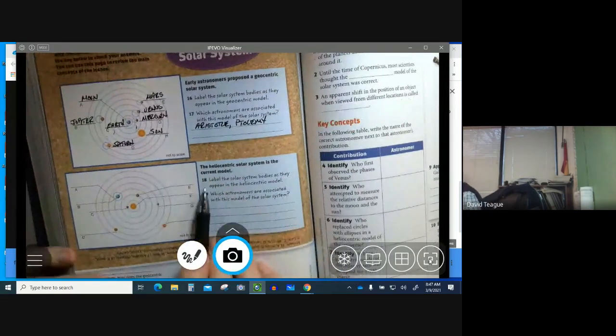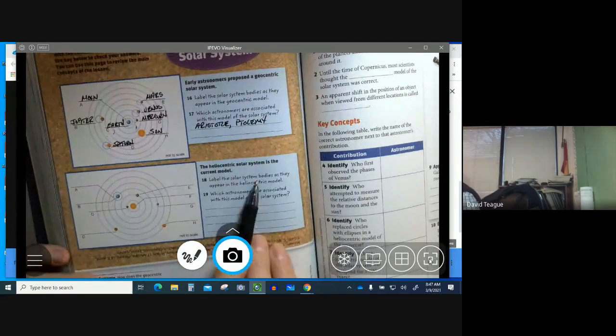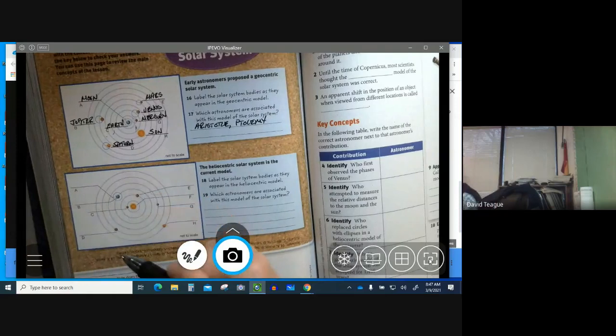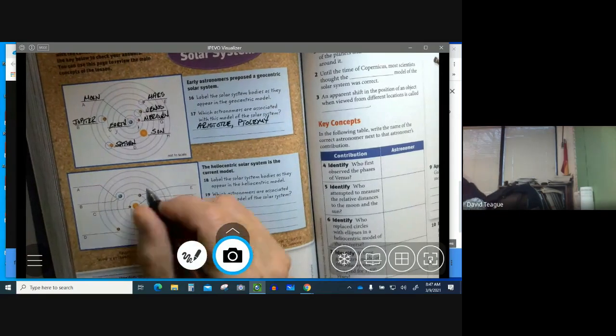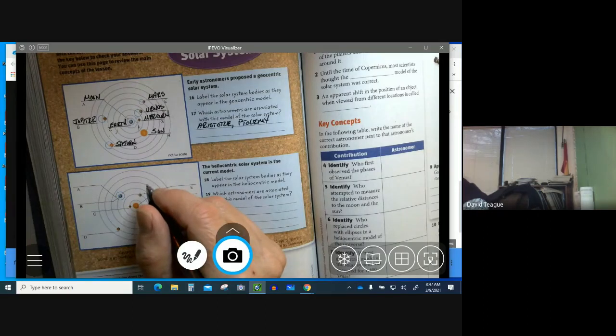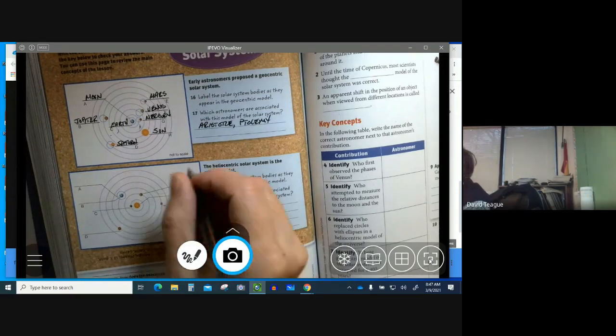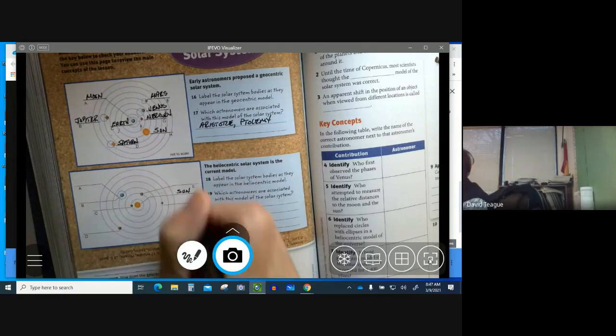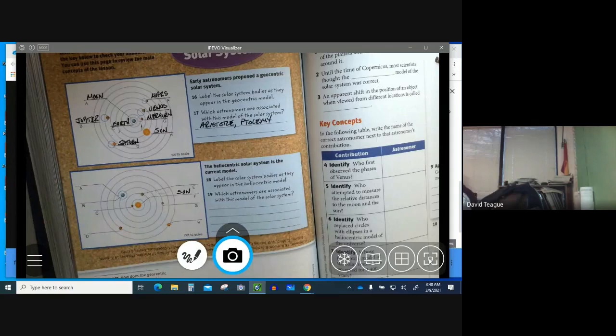We go on to 18. It says label the solar system bodies as they appear in the heliocentric model. Okay. So obviously, heliocentric starts with the sun. So we'll start with F. This is the sun. What do you think C is?